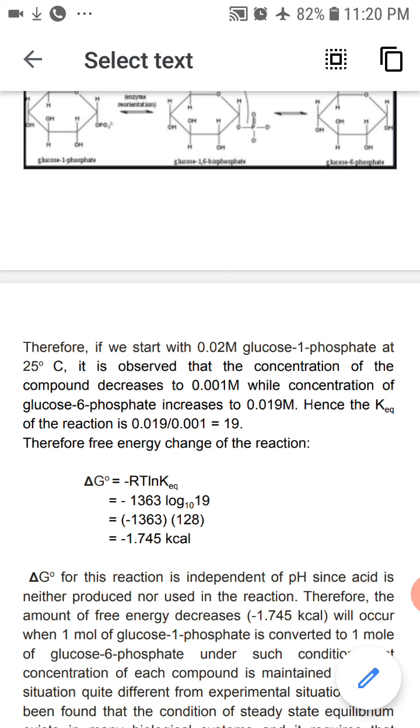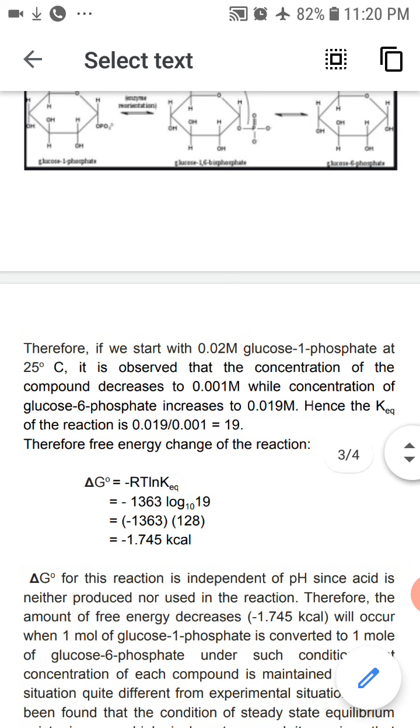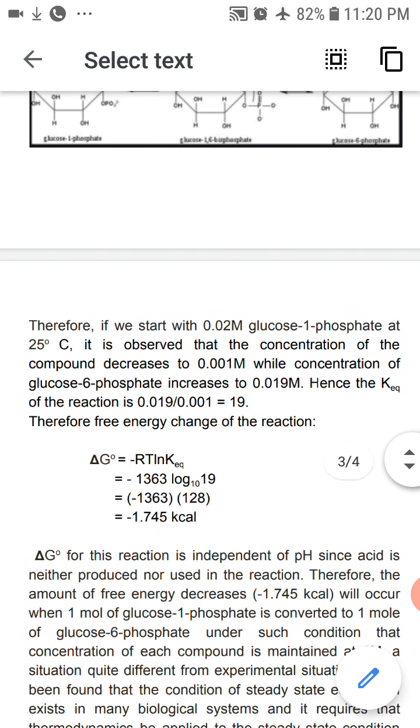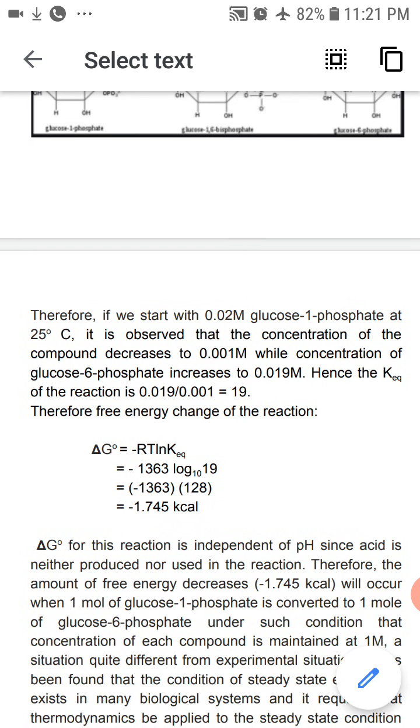In this situation standard free energy change of the reaction can be calculated by putting the value of equilibrium constant in the equation delta G naught equals minus RT ln K equilibrium, which is the general equation we have already given for the calculation of standard free energy of a reaction.